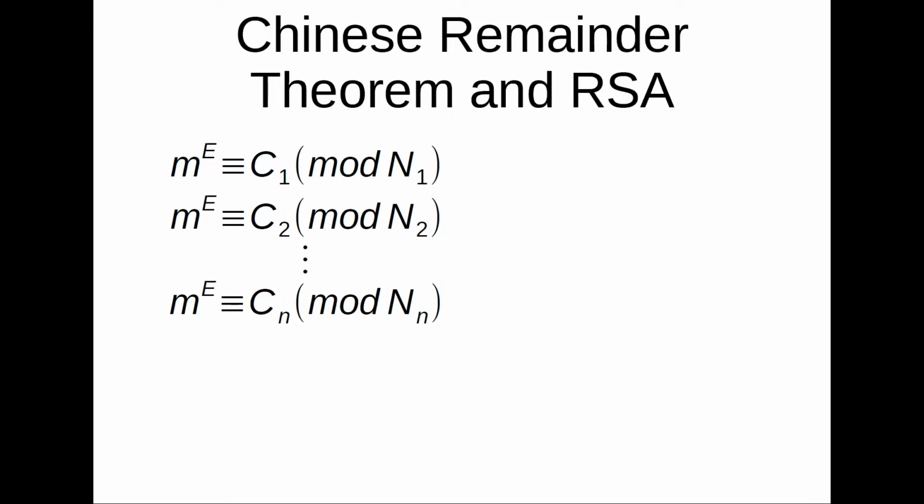And since you already know e, all you're really finding here is m, even though you're finding an m to the e that is congruent to all the different ones. Once you find an m^e that's congruent to c1, c2, all the way to cn, you'll have the plaintext message, which was originally encrypted.